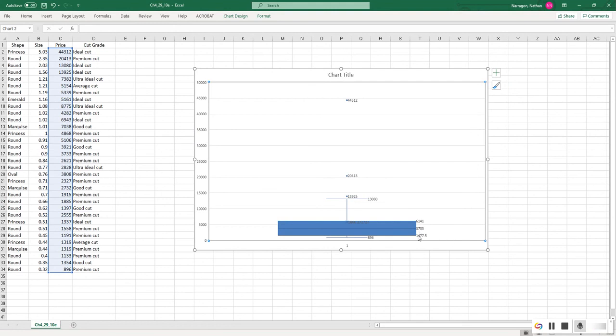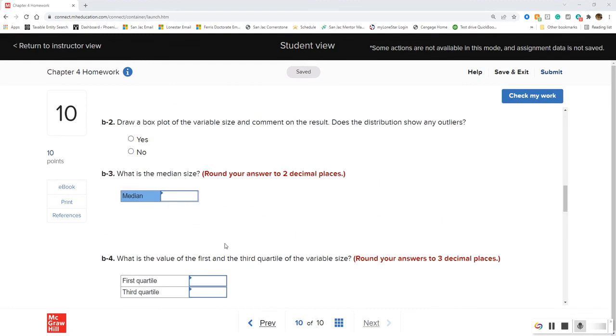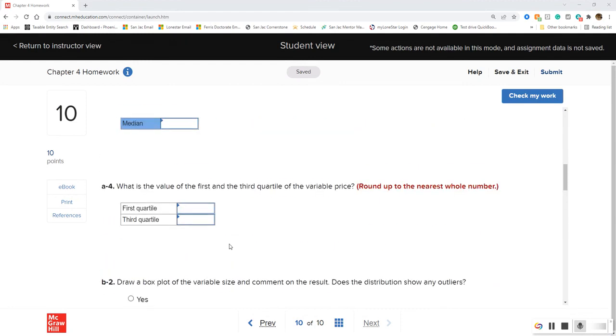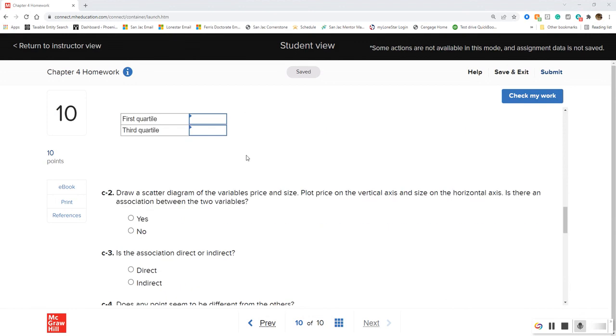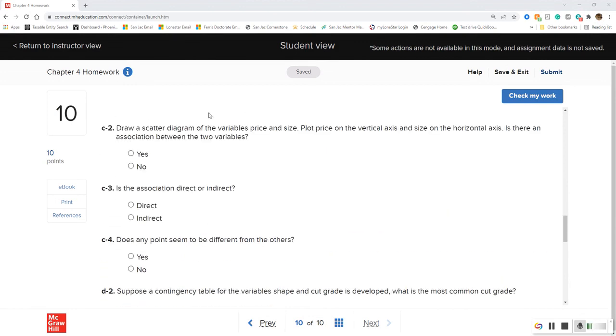And here's our first and third quartiles, 1,477.5 and 6,141. Alright, and then draw a box plot for the variable size and comment on the results. So doing the same thing, and then doing a scatter plot.